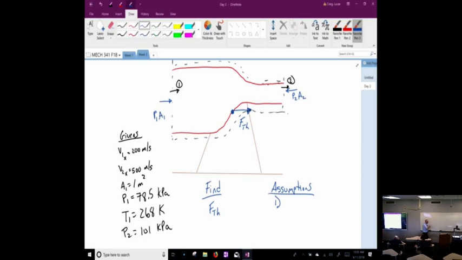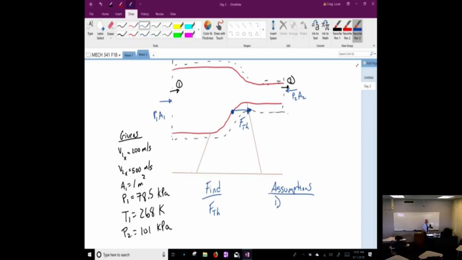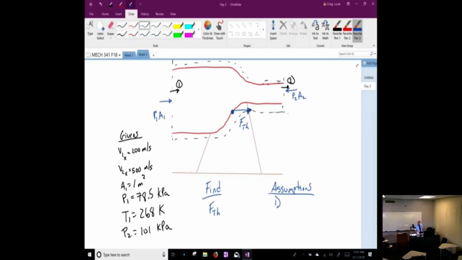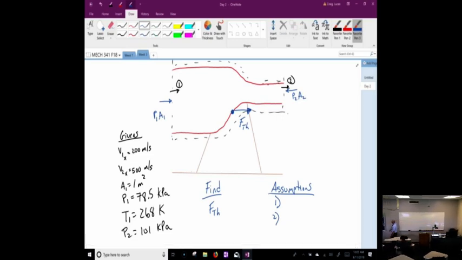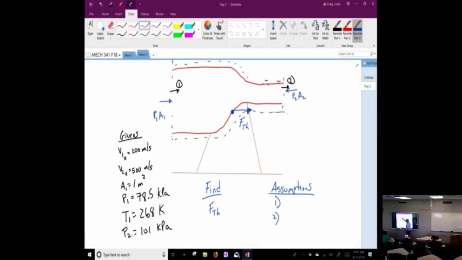Assumptions. Give me some assumptions. Is it uniform flow? No, wait. It's uniform in terms of where the area is. So we're going to assume it's all 200 here and all 500 here. So you could assume beta is equal to 1. Sure, we can write that down.